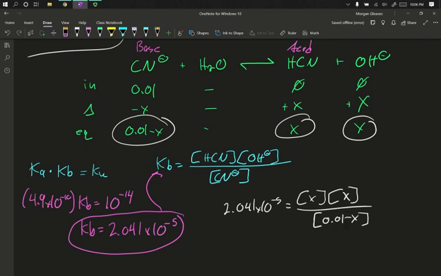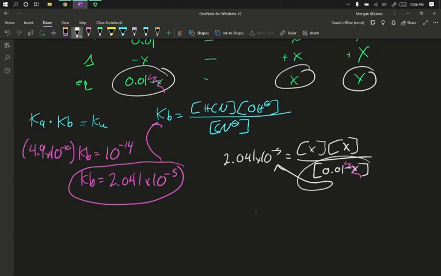That's far enough apart that we're not too worried about X being that large. So we can reasonably safely assume that the minus X won't significantly change our concentration. And so to save us the problem of a quadratic, we can cancel that out.